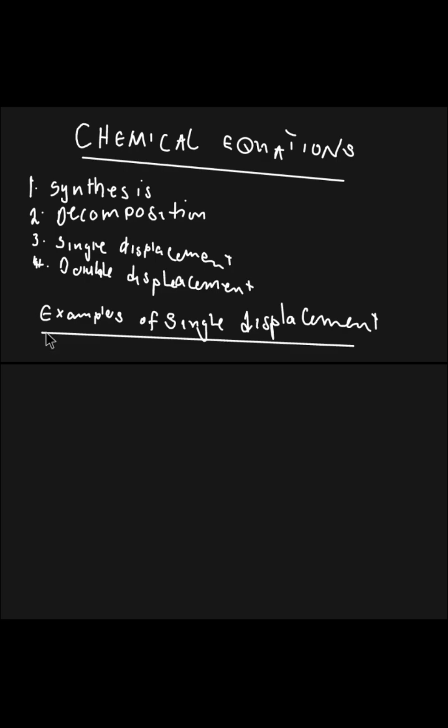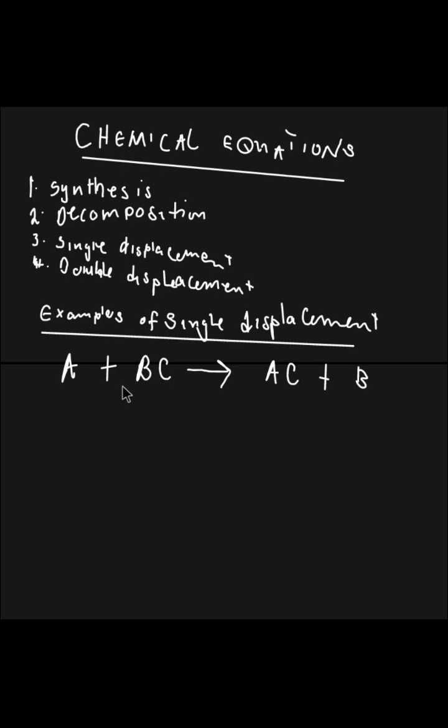So for example, if you have an equation like this one, then A reacts with BC to form AC, then B is displaced.